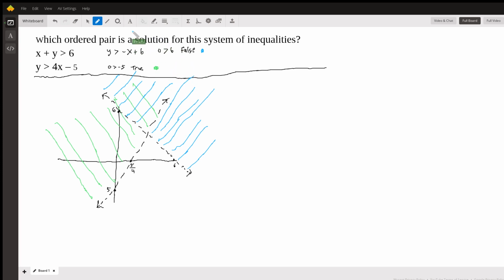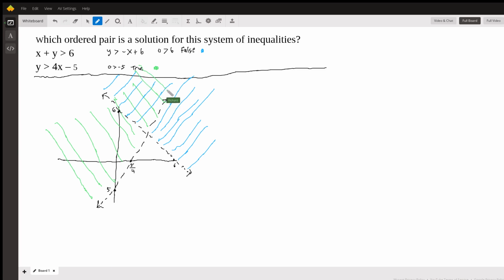Let me extend the green a little bit more. Oops, that green should not have been extended that far. I got carried away there.